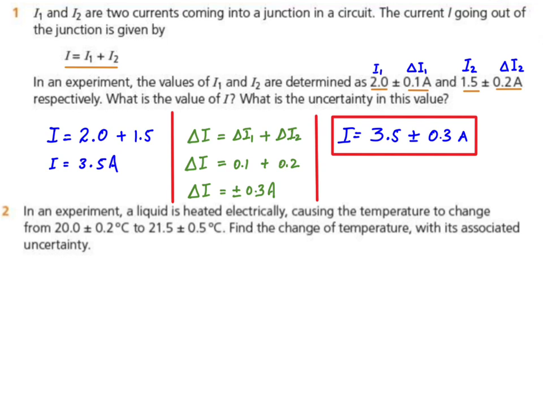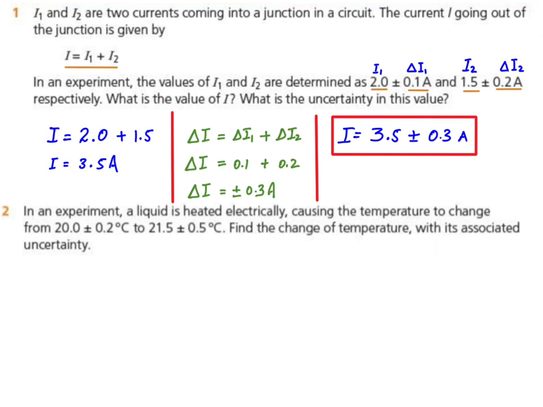There's this next question which says that in an experiment a liquid is heated electrically, causing temperature to change from 20.0 plus minus 0.2 degrees Celsius to 21.5 plus minus 0.5 degrees Celsius. You need to find the change of temperature with its uncertainty.